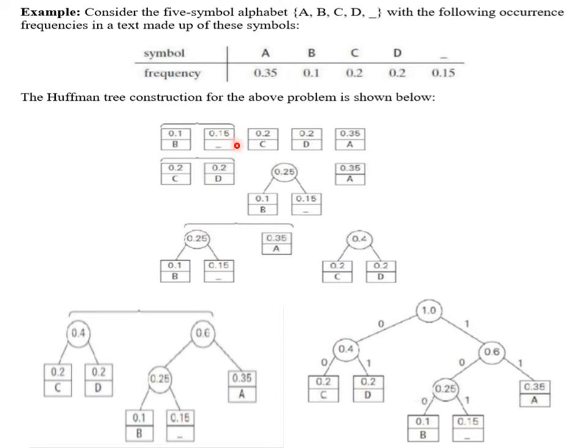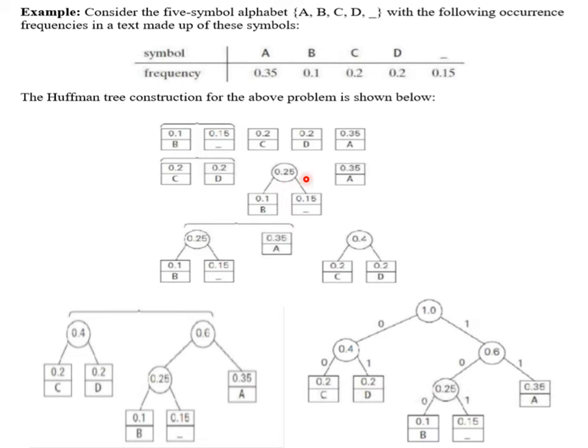Now B and underscore are the two lowest frequency characters, 0.1 and 0.15. So add these and create a new tree. This is a tree with a single node, and this is a tree with a single node. Adding 0.1 and 0.15 gives 0.25. So this is a tree with weight 0.25.